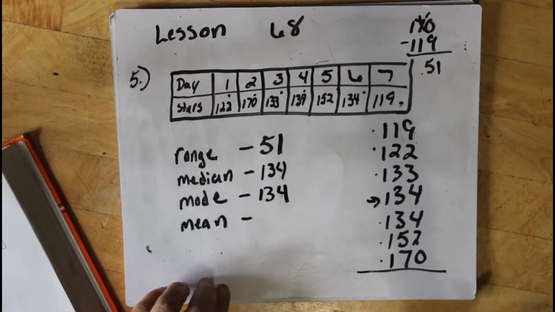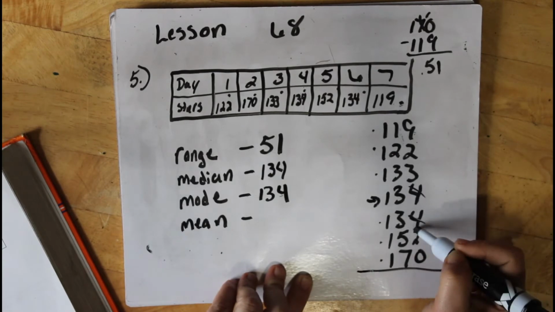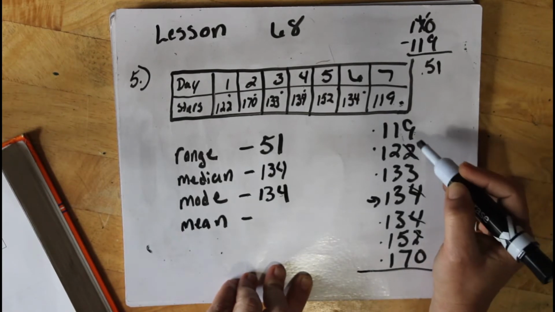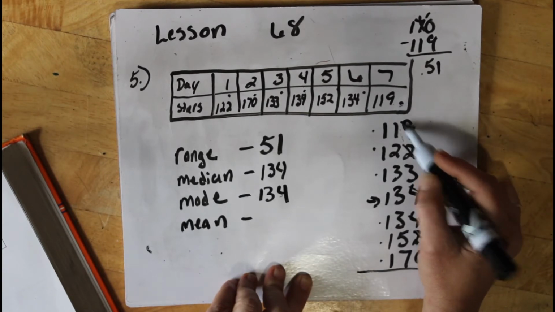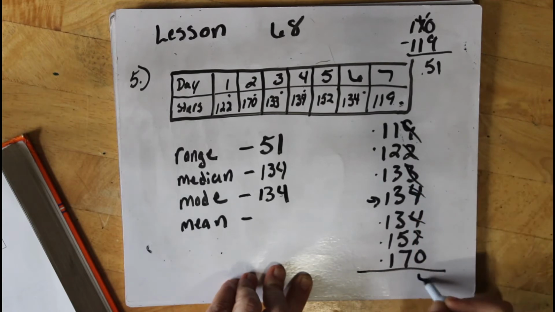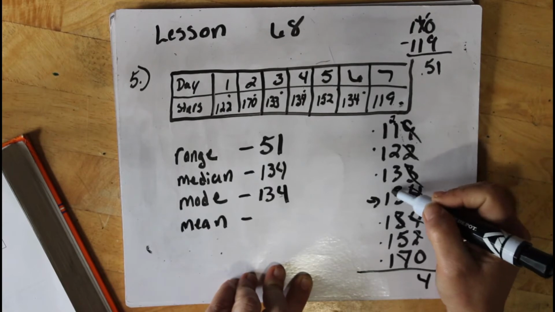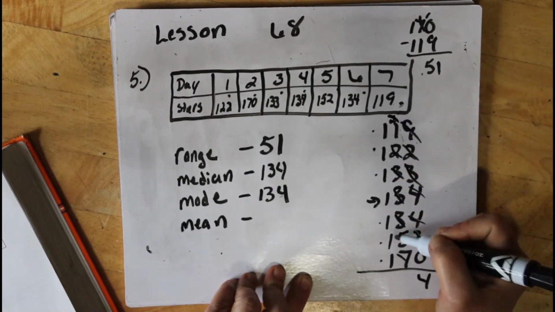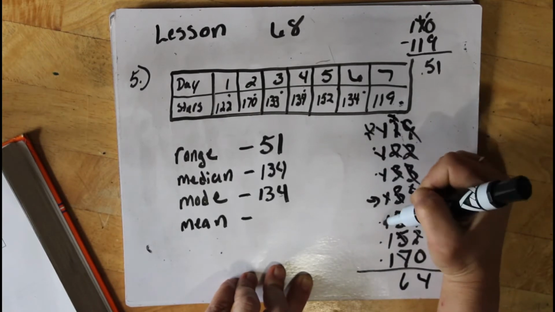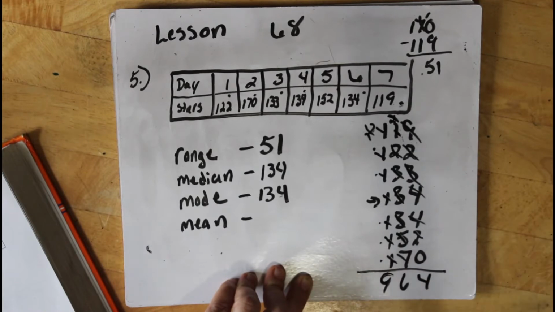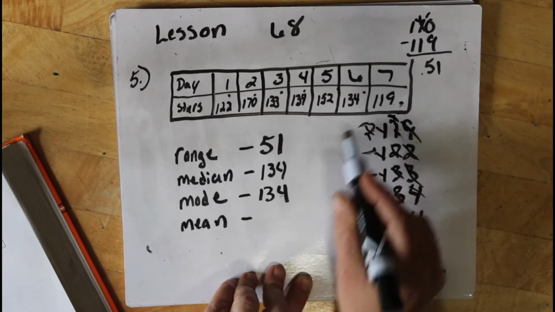So we're going to add all these together and then divide by the number of numbers. Adding them up, we come up with 964, and then we're going to divide by 7.